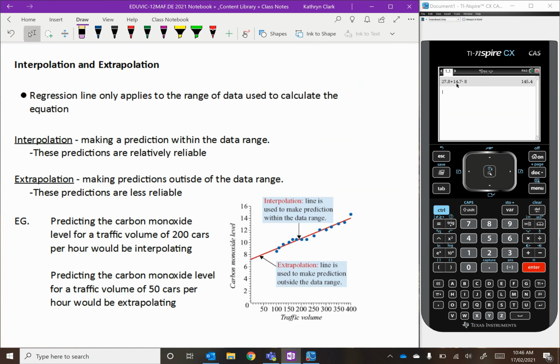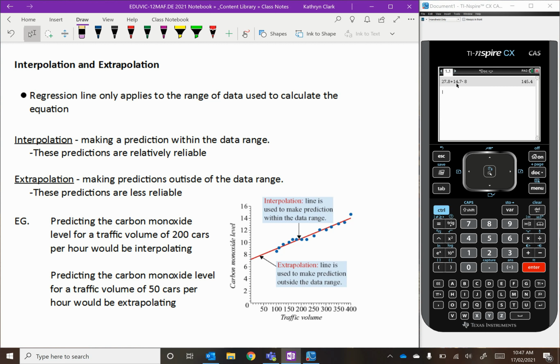So when we calculate a least squares regression line, that line only applies to the data that we have collected over that particular data range, because we don't actually know if the relationship is going to continue as we see it outside that data range. A good thing to think about here is that for a while you're growing, your age and your height have a positive correlation, because as you get older, you get taller.